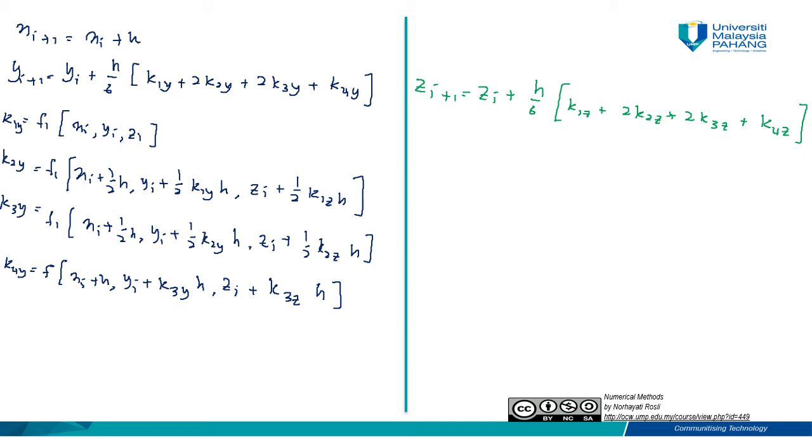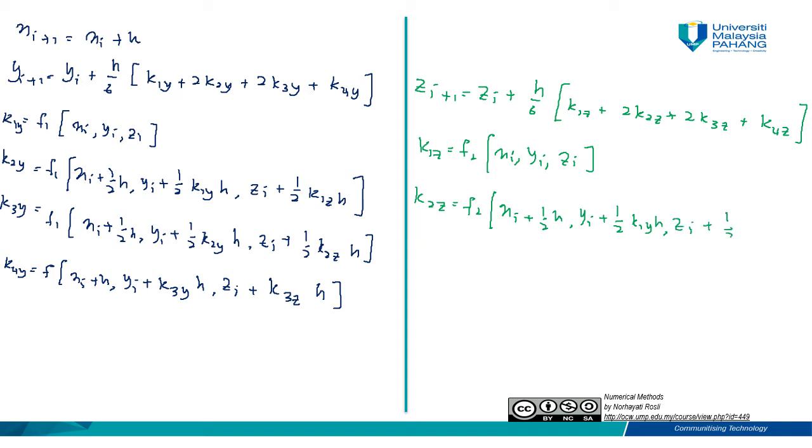So for k1z, we have F2(x_i, y_i, z_i). K2z is equal to F2(x_i + h/2, y_i + k1y h/2, z_i + k1z h/2).